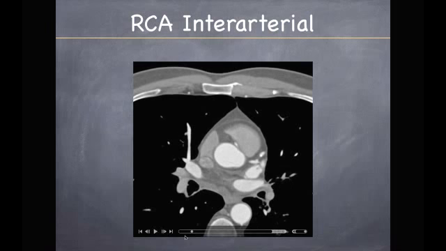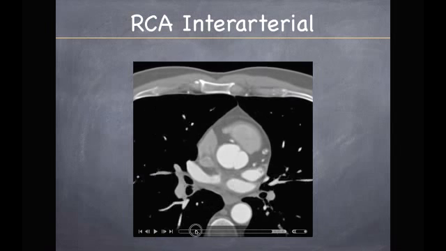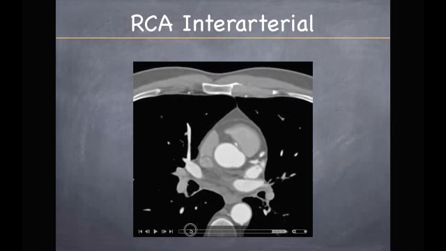So now let's look at some cases. This is a case where the right coronary artery is arising from the left cusp. You can see it's arising here, just on this side of the division here. So this is the left cusp here, and this is the right cusp. And this vessel arises just barely on the left side there.